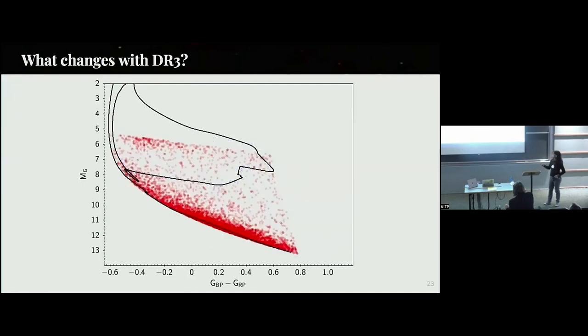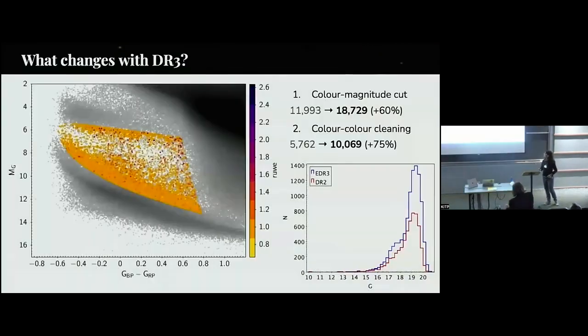This is probably just because these are the faintest ones in the sample, so it's very easy to have inaccurate parallaxes over there. But what if we were to do a catalog fully based on DR3? This is something I'm still working on, but I'm going to show you some preliminary numbers. So the color magnitude cut and quality cut results in around 18,000 objects, so it's a 60% gain compared to DR2.